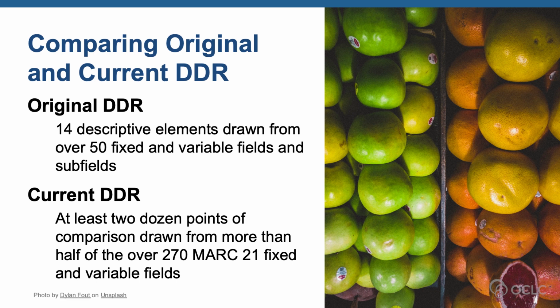By my really rough estimate, of the over 270 defined MARC 21 fixed and variable fields, data in well over half of them can figure into DDR in some way or another.